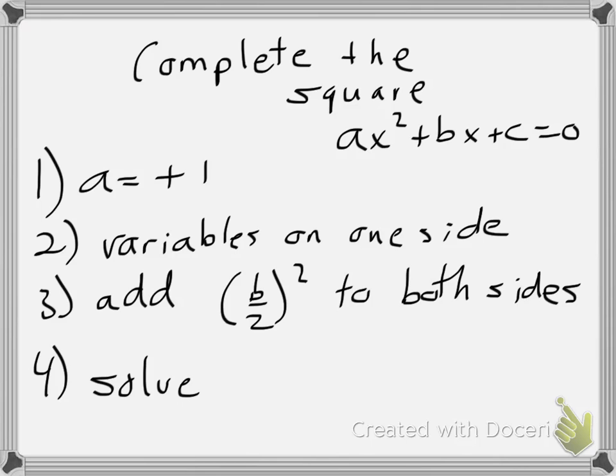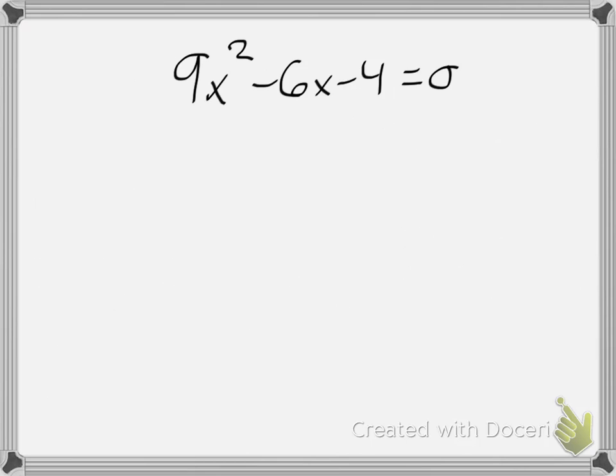So let's look at the equation: 9x squared minus 6x minus 4 equals 0. If my leading coefficient, my 9, is to be 1, the simplest way I can do that is by dividing everything by 9.